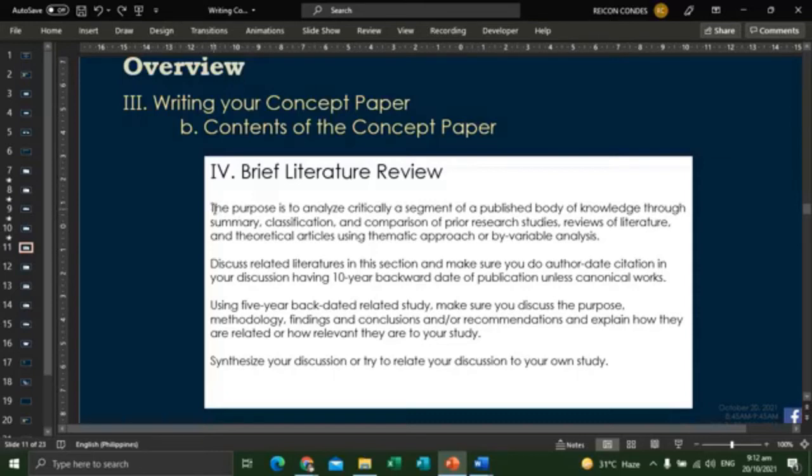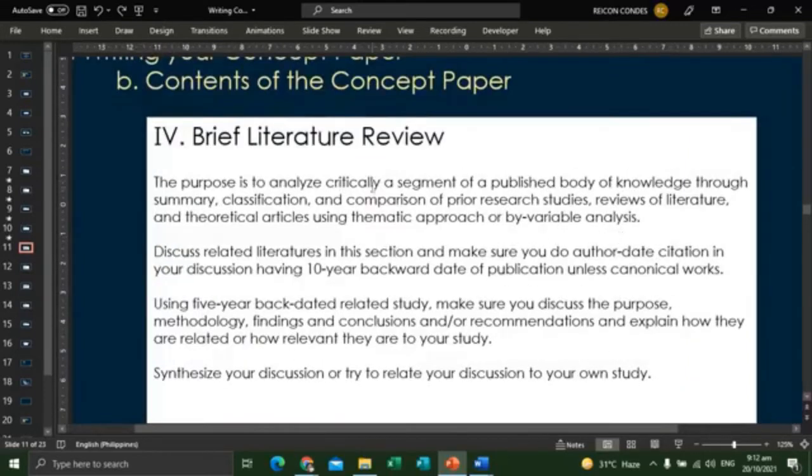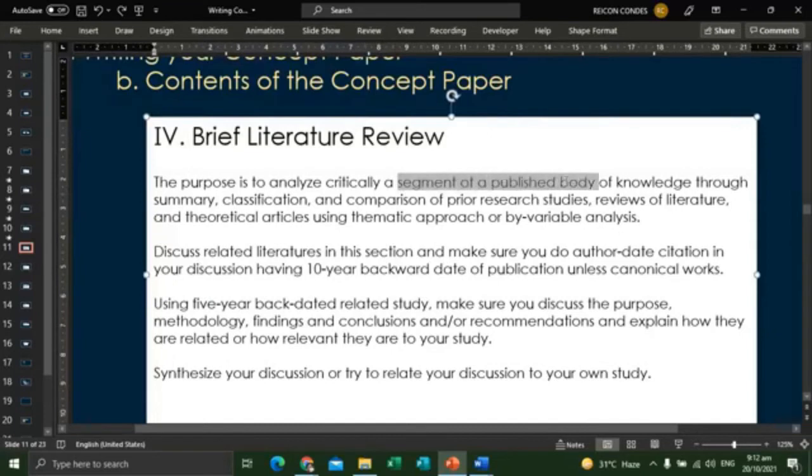Then, so what's this brief literature review? So, the purpose is to analyze a segment of published body of knowledge through summary, classification, comparison, familiar words na na-discuss na previously on your self-learning modules or materials. So, such as research study, review of literature, and theoretical articles using thematic approach or variable analysis.